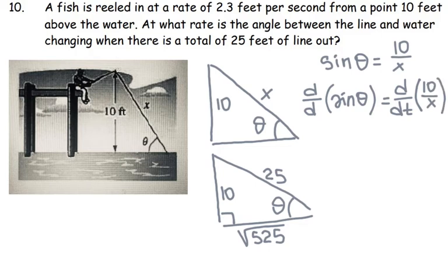When I take the derivative of sine, I will have cosine theta, and then theta is changing over time, so I have to take the derivative of theta.